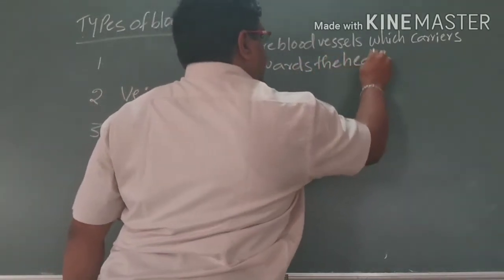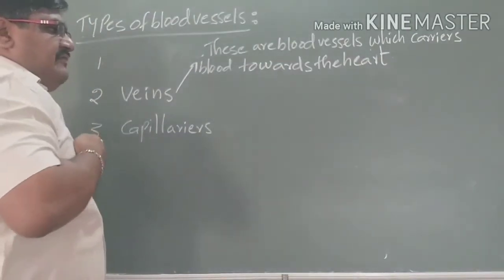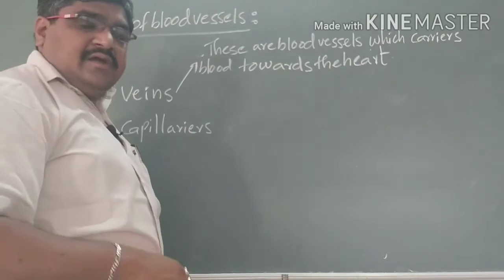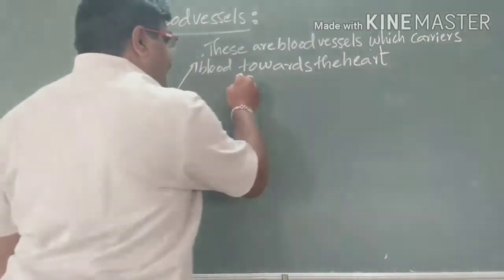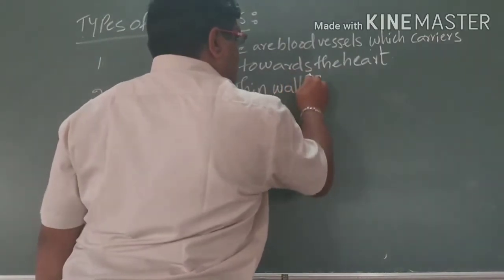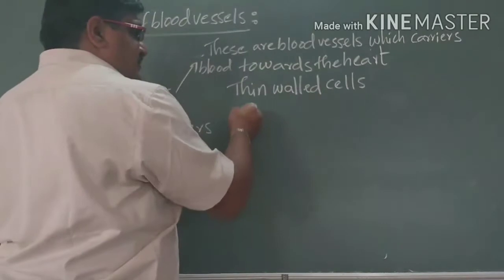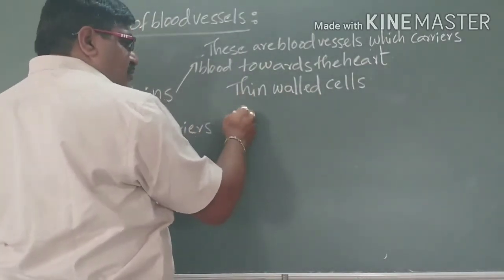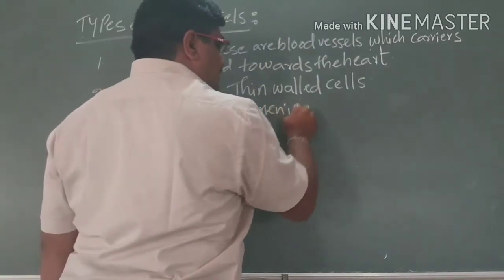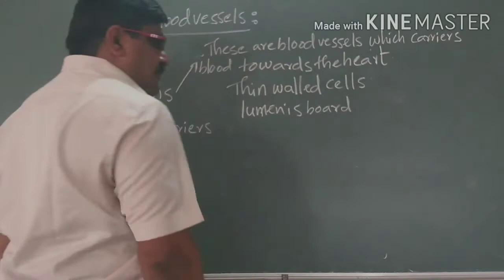So such vessels are called the veins. The veins carry the blood towards the heart, and they have thin walls, and the lumen is broad in structure.